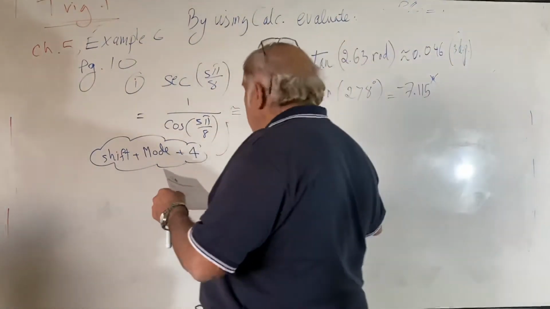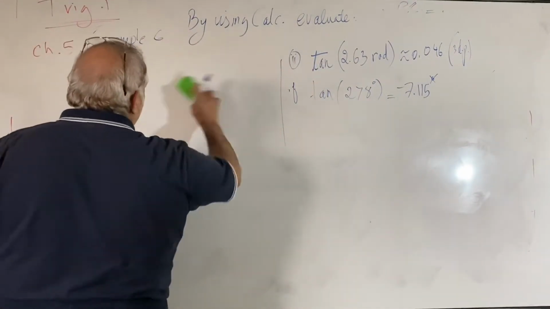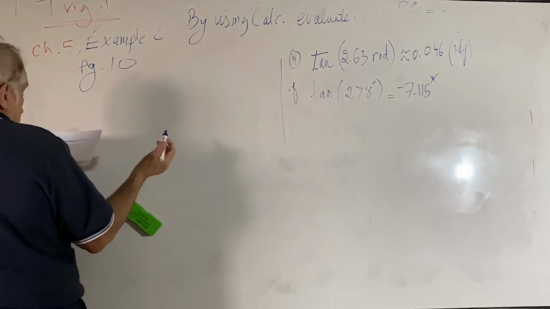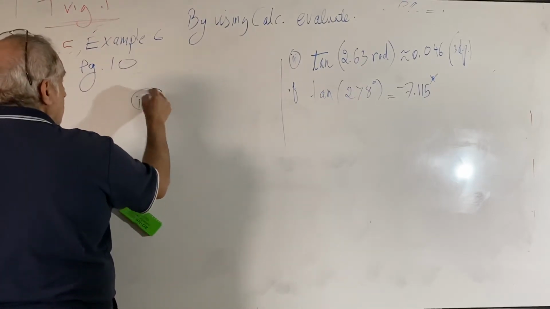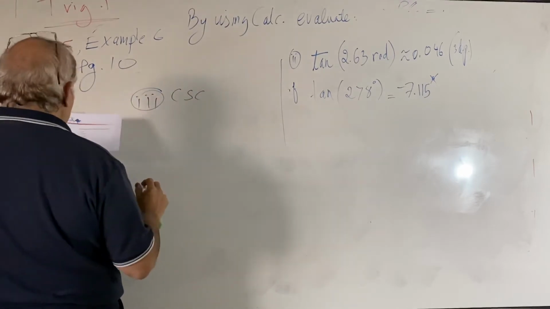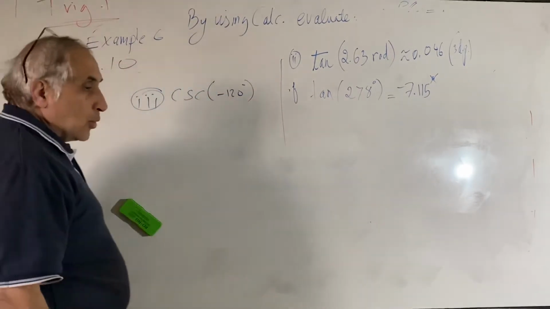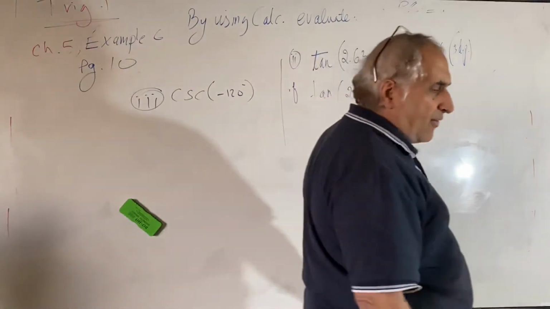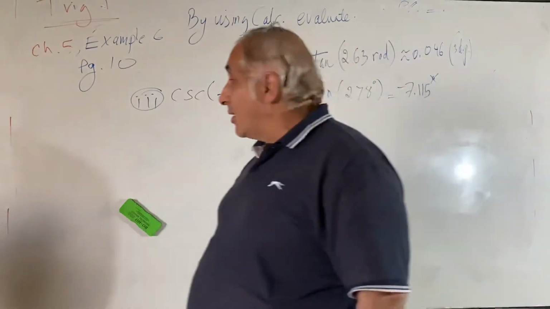Question number 3, the third part, is asking us to find the value of, if possible, the cosecant of negative 120 degrees. We all know from the reciprocal functions that cosecant is the reciprocal of what?